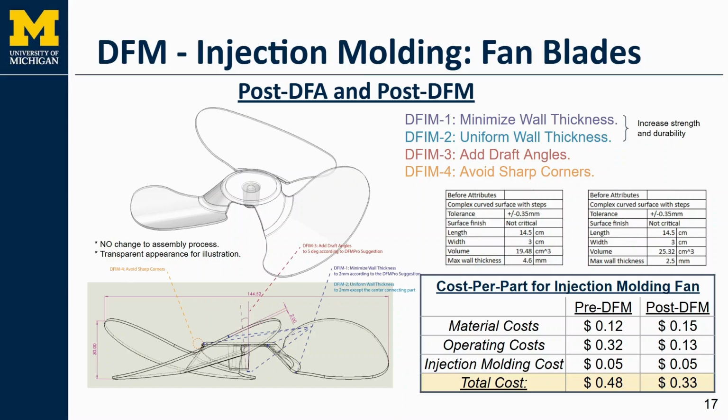After DfM, the estimated cost was reduced to 33 cents per part. Although the material cost is higher due to wall thickness uniformization, the operating cost was significantly reduced. Without impacting the assembly process, the redesign increases functionality in terms of strength and durability. The applied DfM guidelines are DFIM 1, 2, 3, and 4.